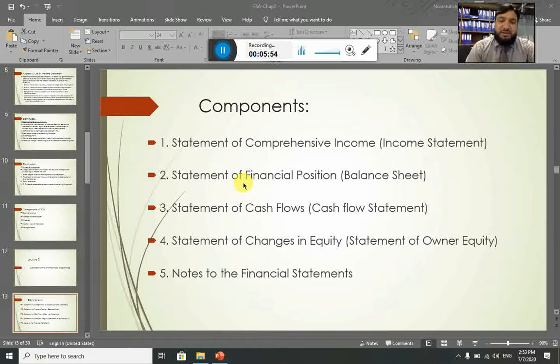All the current and fixed assets which exist in different forms and shapes, whether tangible or intangible, financial or real, are listed under the assets portion and the total is found. Then we list down all the liabilities. It could be current liability or long-term liability. Then the total is found.